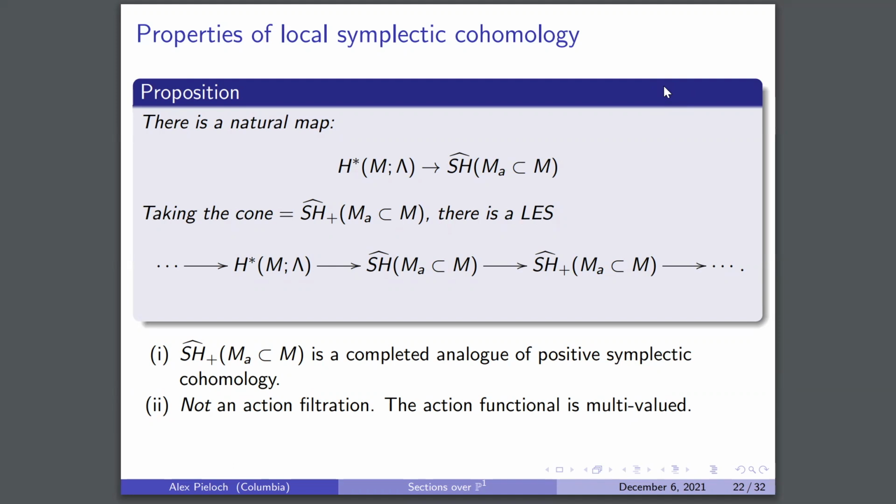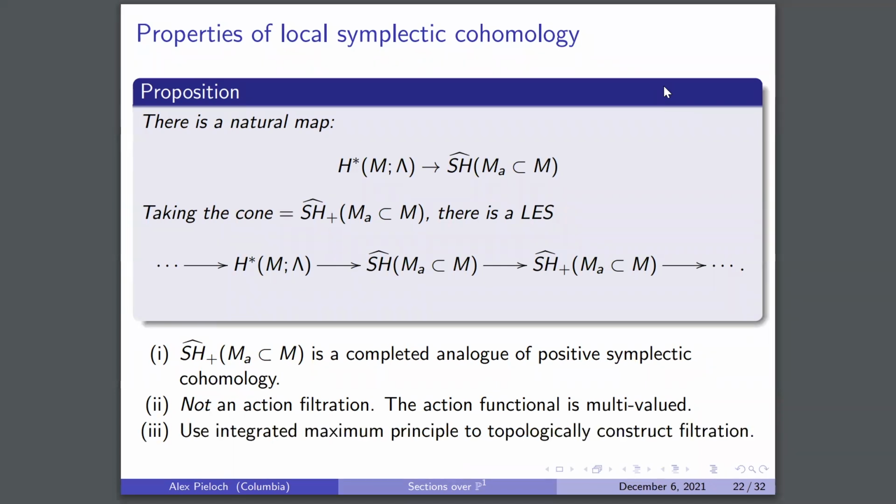And this gives rise to your desired filtration on your Floer chain complex. In my setting, we're in a non-exact framework, so the action functional is multi-valued, and we can't use it to define an action filtration. So the trick is just to use the integrated maximum principle to topologically construct this filtration.